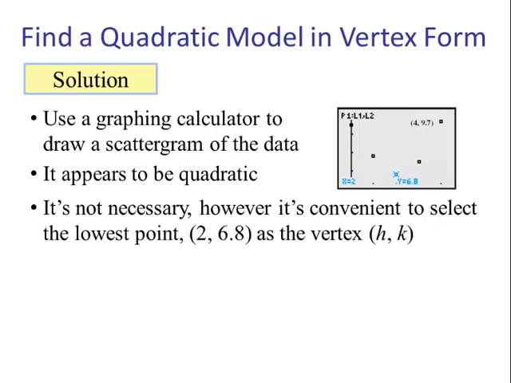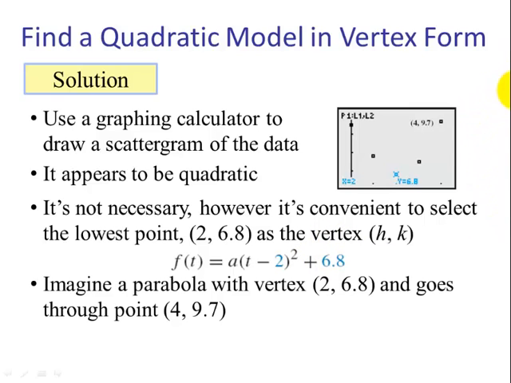In future videos we will let the calculator compute the vertex for us, but for this example we will use the lowest point. So taking the vertex form, we substitute in our x value of the vertex and the y value. So next we need to find a.